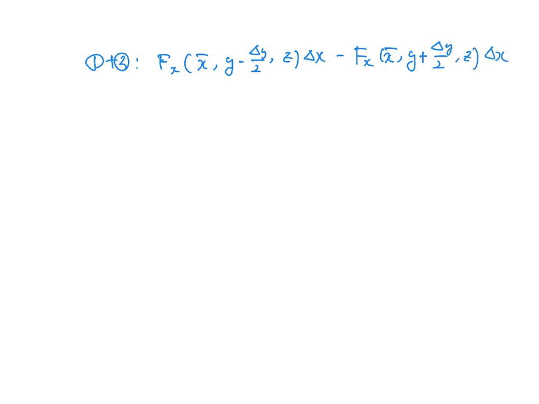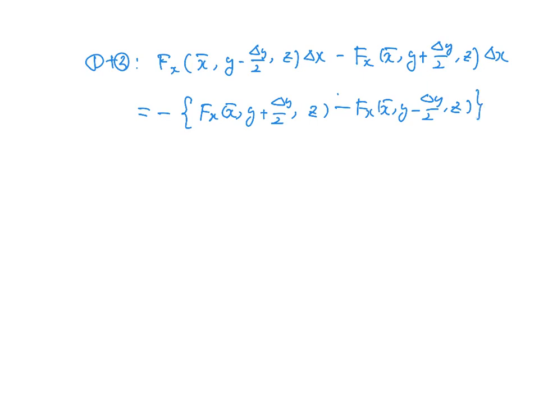So 1 plus 3 is fx at x bar, y minus delta y over 2, z, delta x, minus fx at x bar, y plus delta y over 2, z, delta x.